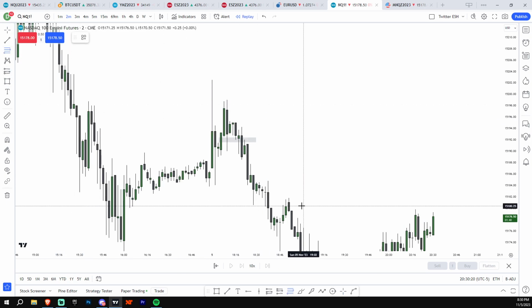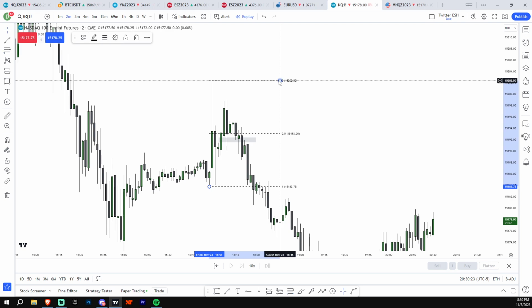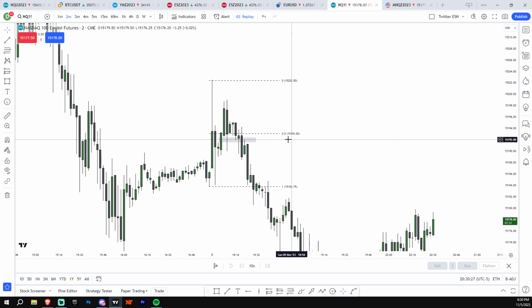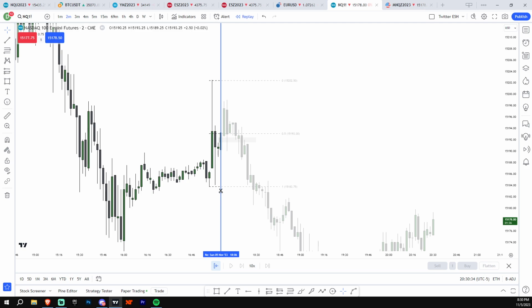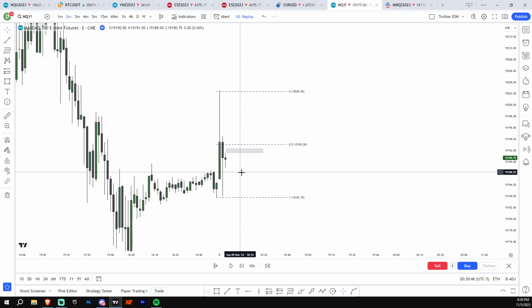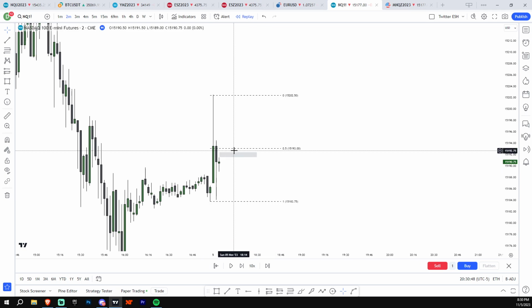Also, you can see from this low to this high, we did tap the premium in the range as well. Like on the replay mode, just put price here. We see a swing low created once this candle closes. No matter what, even if I'm bearish, I would be expecting a retracement, especially if both indexes are on the same page.